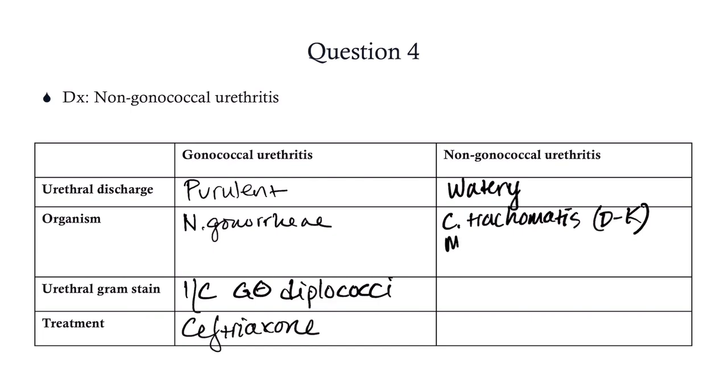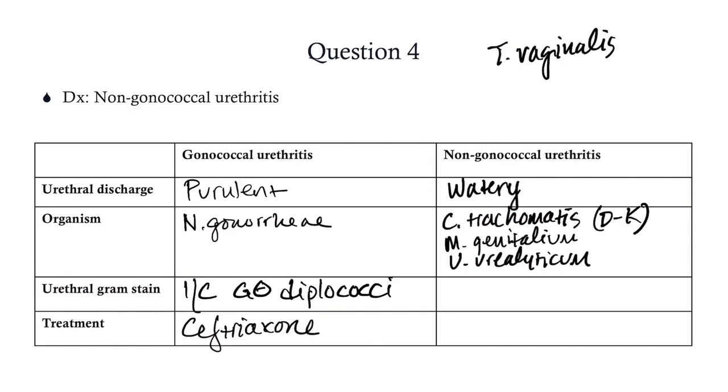Another possible cause is Mycoplasma genitalium. Much less common, but still out there. Another cause is Ureaplasma urealyticum. And technically, trichomoniasis is a non-gonococcal urethritis. So, Trichomonas vaginalis. But I'm putting that up here for a reason we'll get to in a little bit.